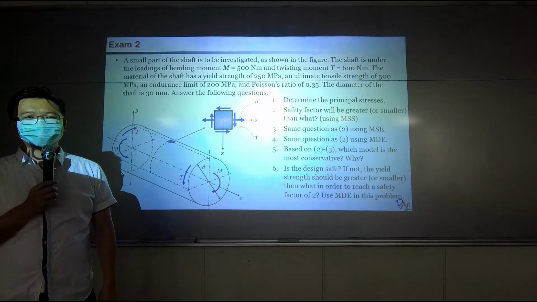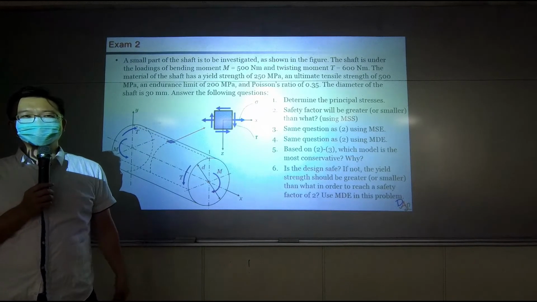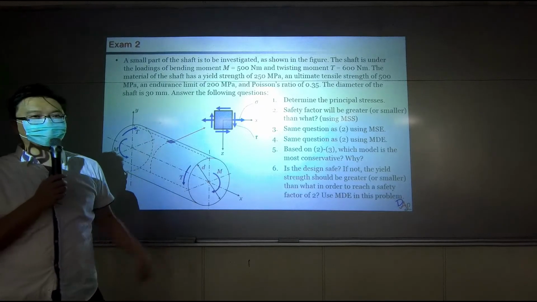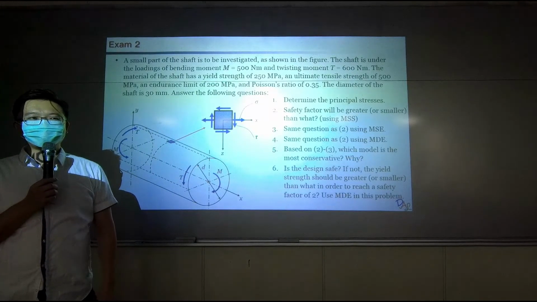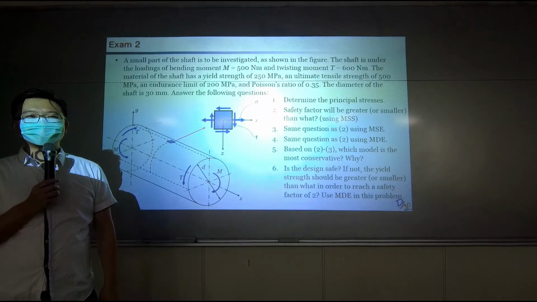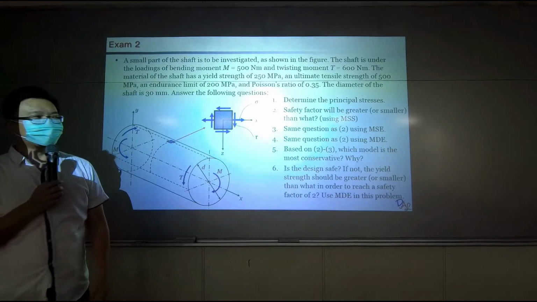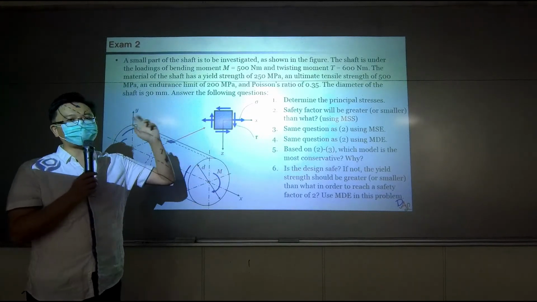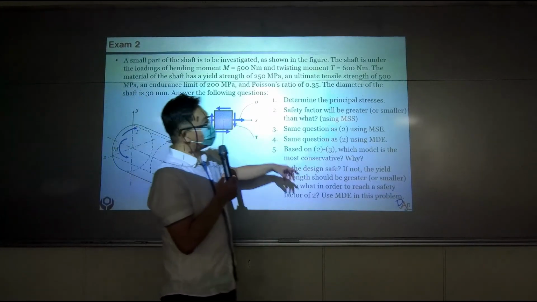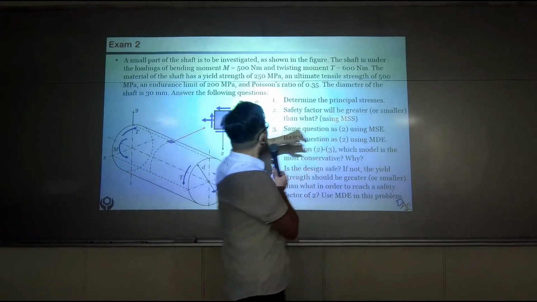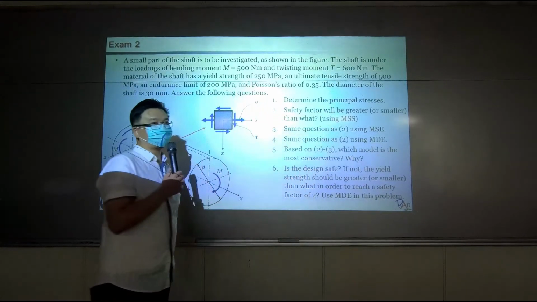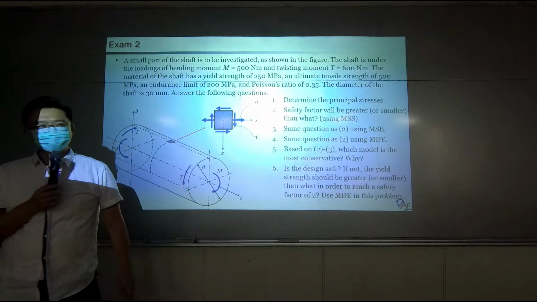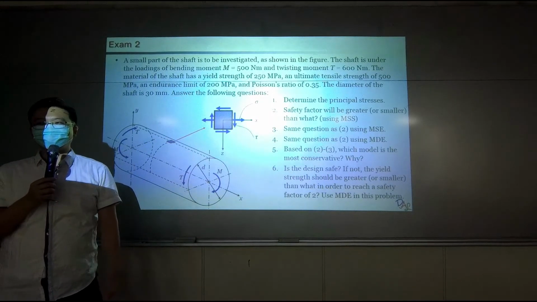No. They are useless for the problem. Those numbers are there just to make you confused, to test you, to see if you understand how to solve the problem. For static loading, we never use ultimate tensile strength, we never use endurance limit. They should be used later on when we talk about fatigue.